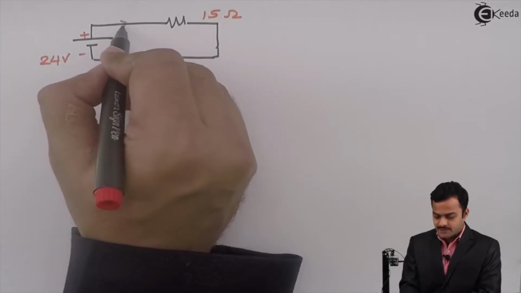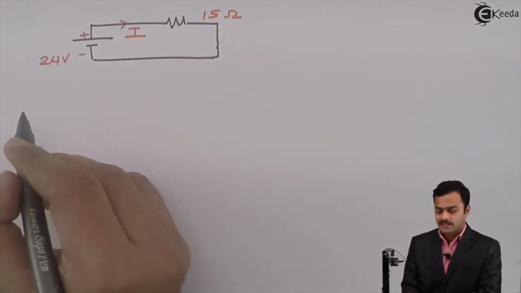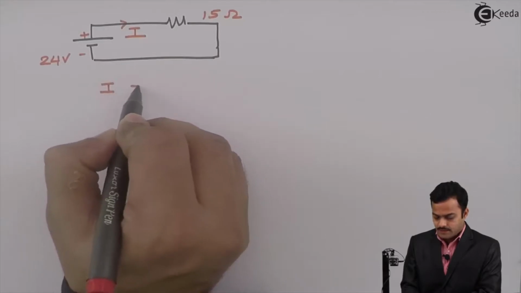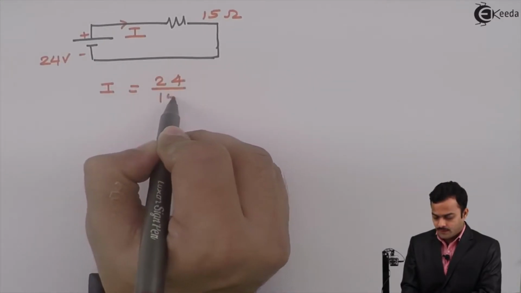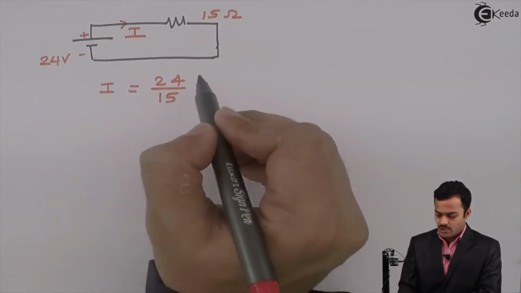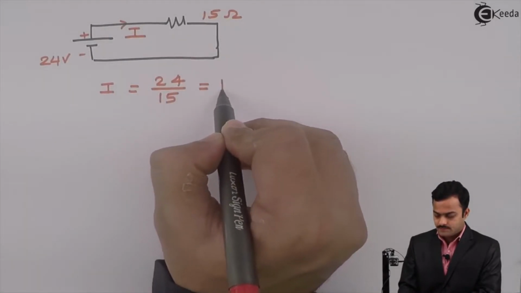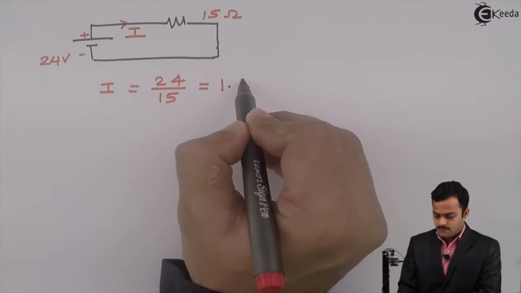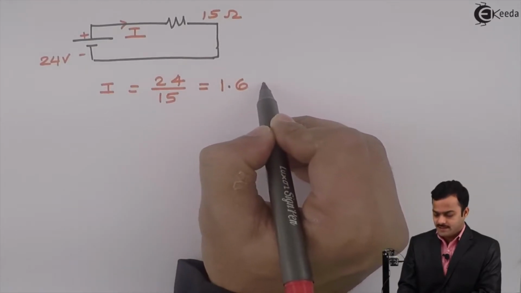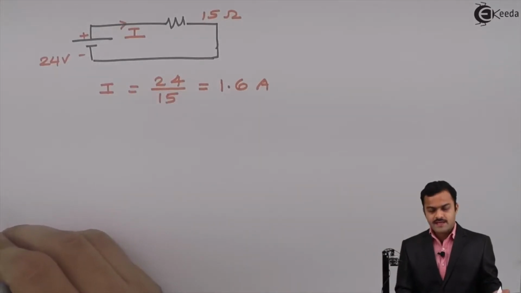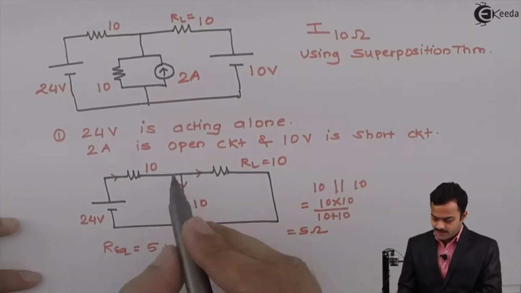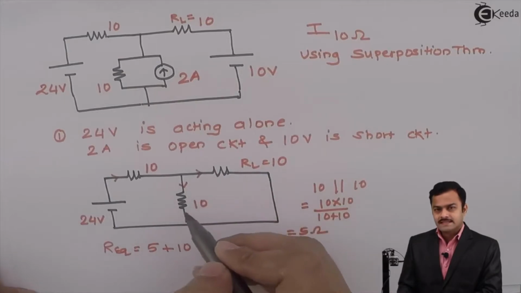So this 15 ohm resistance will be there in circuit along with a 24 volt battery. So current given by this battery, which I denoted as I, will be I equals 24 divided by 15. If I solve, I will get answer 1.6 ampere. Now this 1.6 ampere will get split into these two resistances.